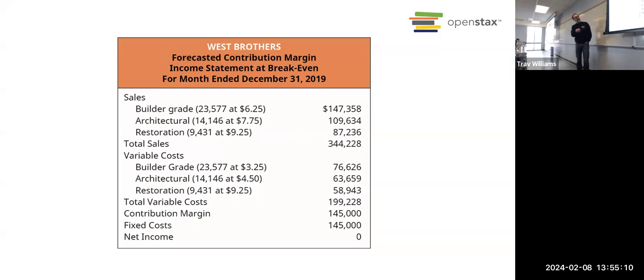Taking the same square footage for each product times the variable cost per unit, add it all up to get our total variable costs. Subtract the total variable cost from the total sales, we get our contribution margin. Take out the fixed costs. And what do you know? We do see we are at break even. Okay.